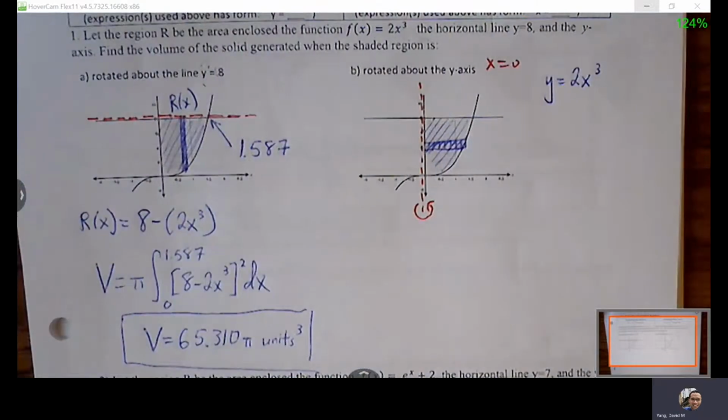So how can I work or rewrite that 2x cubed? Yeah, good. So we can get that x by itself, right? So divide by 2, and then cube root.